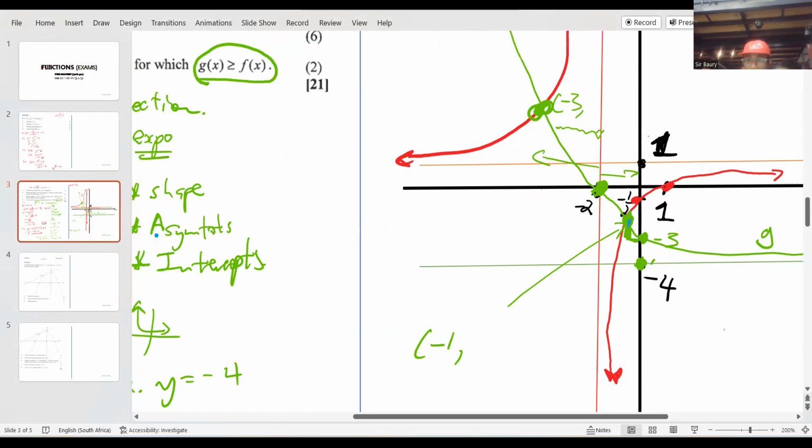From -2, it's the asymptote. Green is at the top. Can you see that green is at the top? Till 1. Then after 1 again, red is on top.